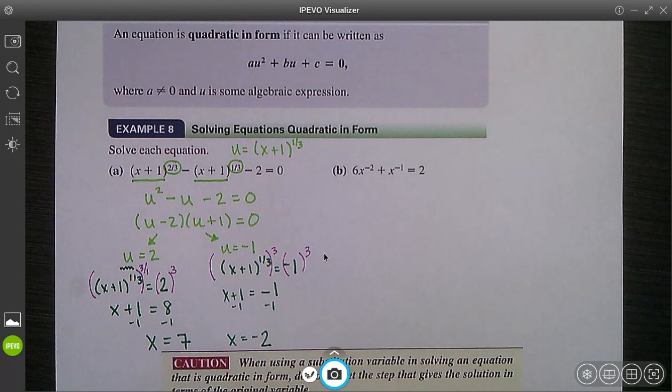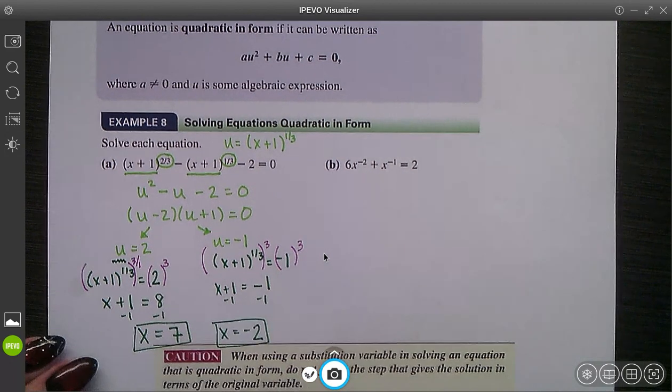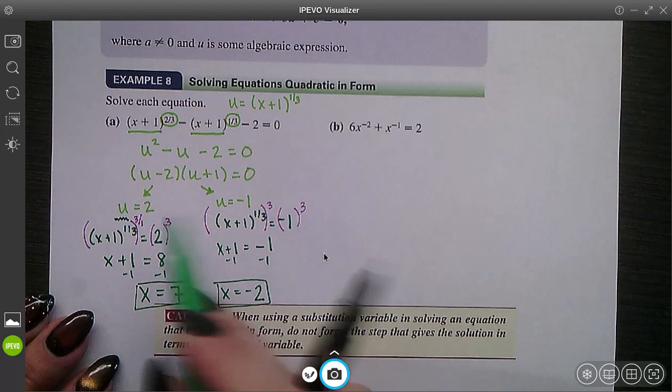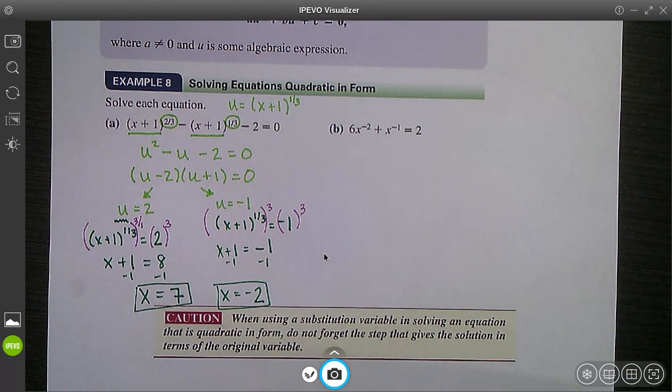So those are the two solutions that I get from solving this equation by u substitution. X equals 7, x equals negative 2. There is this caution here. When using a substitution variable, don't forget the step that gives the solution in terms of the original variable. So I can't stop here when I got u equals 2. I have to go all the way to the end to get what x equals.